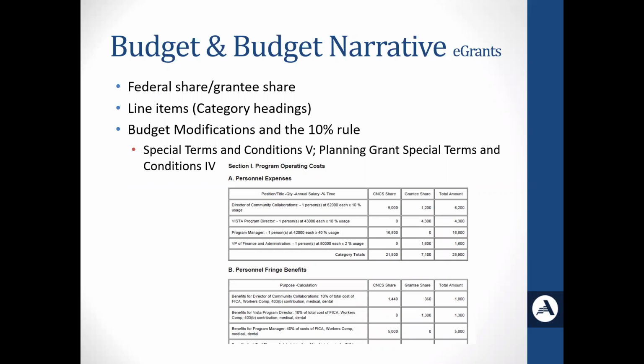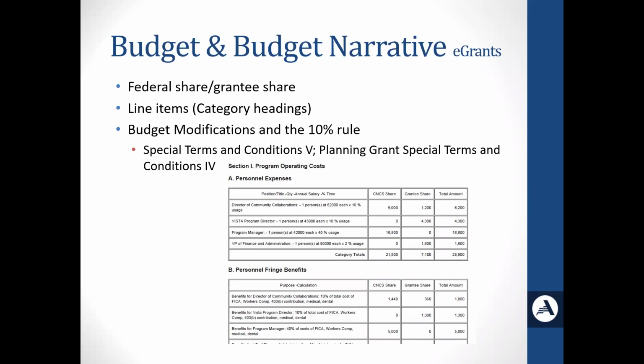So just in the screenshot I have, there are 2 categories. It's in section 1, which is program operating costs. There's also a section 2 for member costs, which won't be relevant for planning grants. And there's a section 3, which will be indirect rate. But for section 1, there are categories with headings.